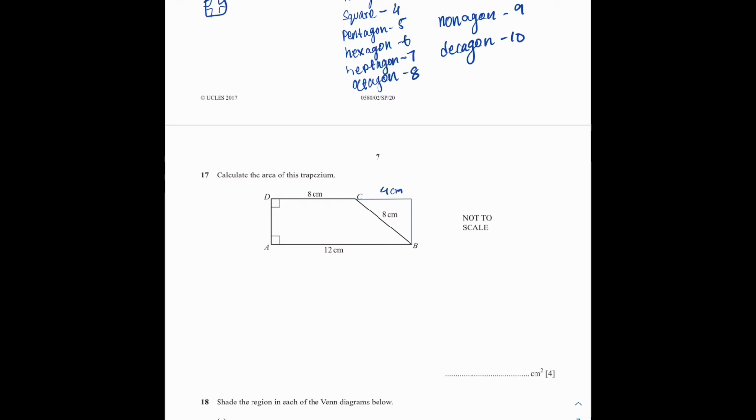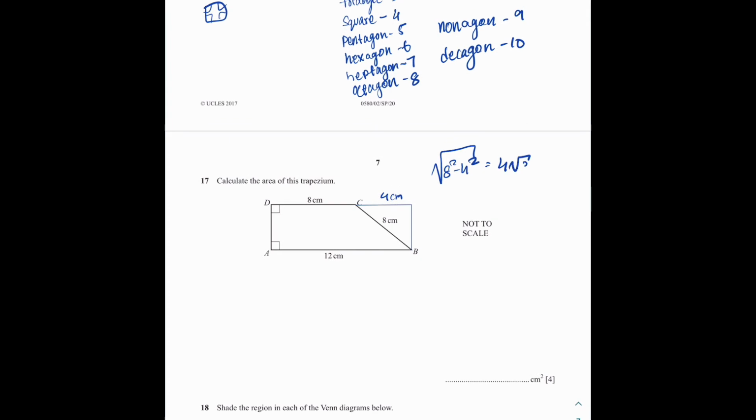And to do that, I can just use the Pythagorean theorem, which is just square root of 8 squared minus 4 squared. Plugging that into your calculator should give you 4 root 3. So that means that this side and this side is 4 square root of 3. Progress, progress. That's a lot of progress because we basically just solved it.